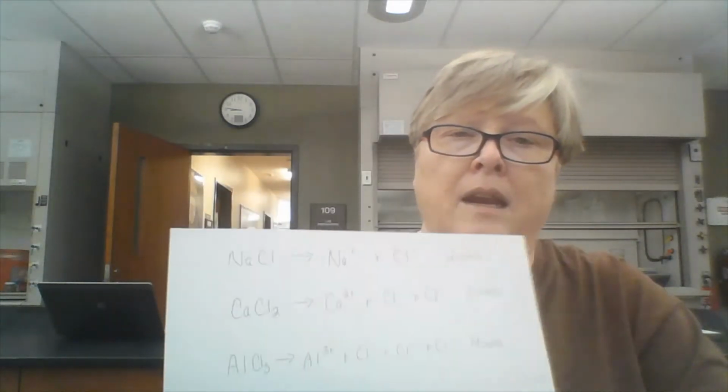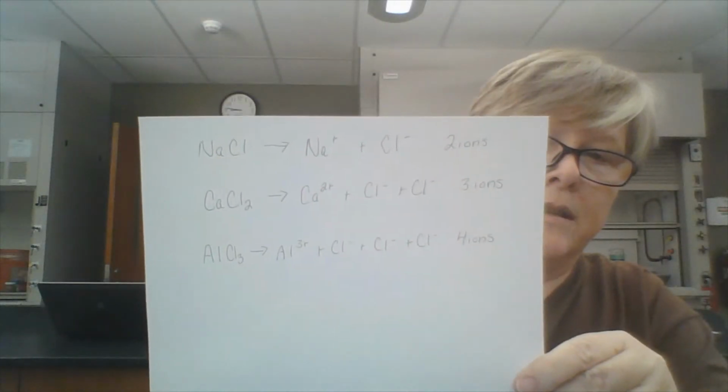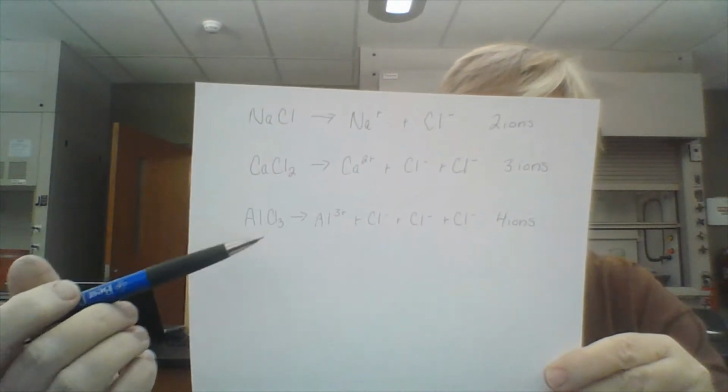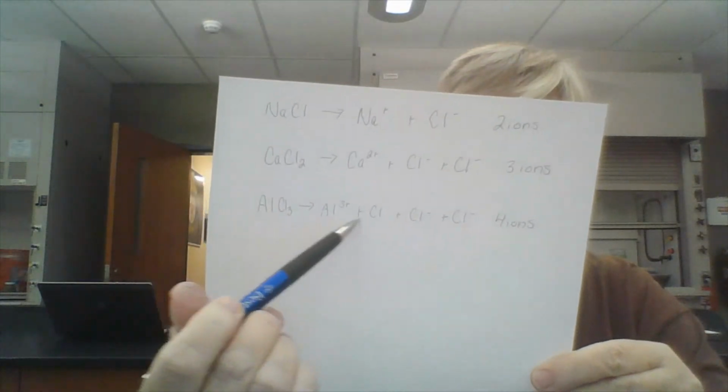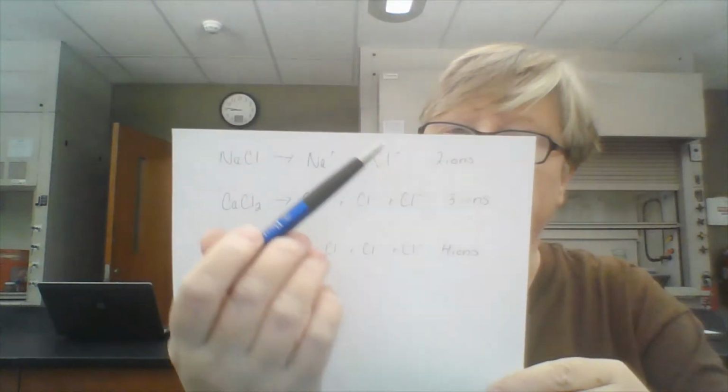We're going to talk about that in a couple chapters. So there's the equation, and there's how aluminum chloride makes 4 ions. So in this experiment, experiment 14, I want you to notice the difference in the curves between the different substances.